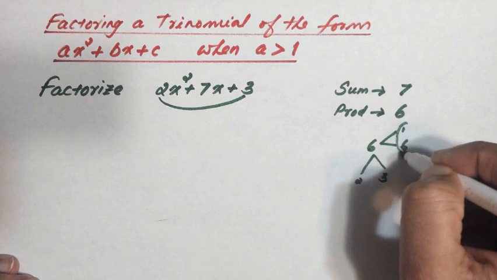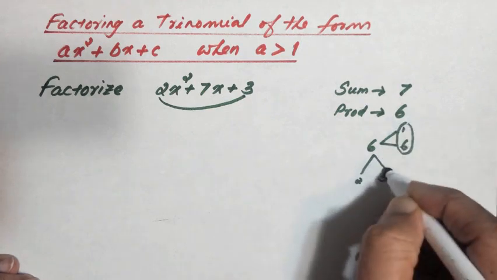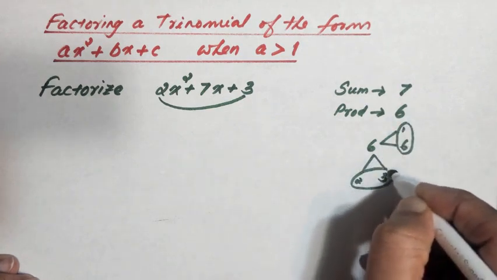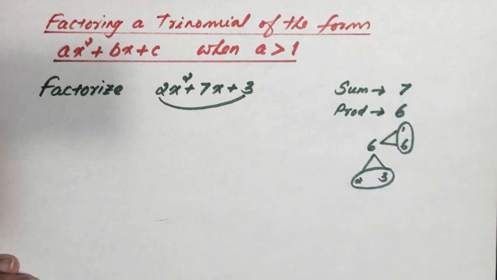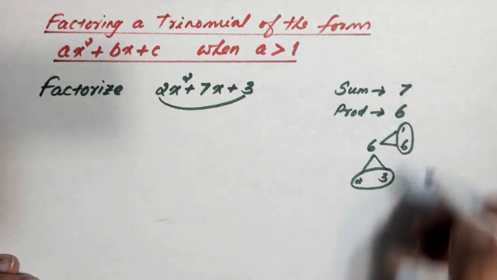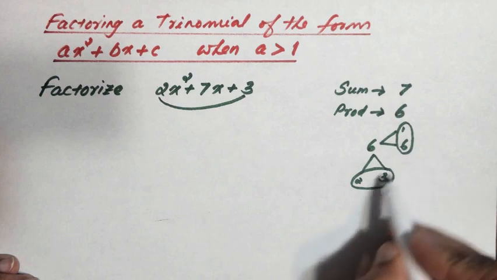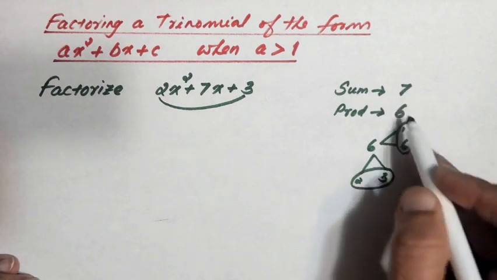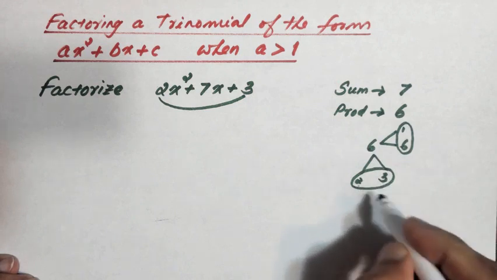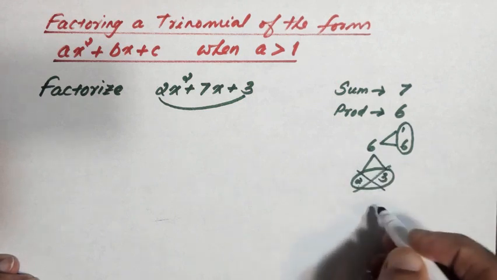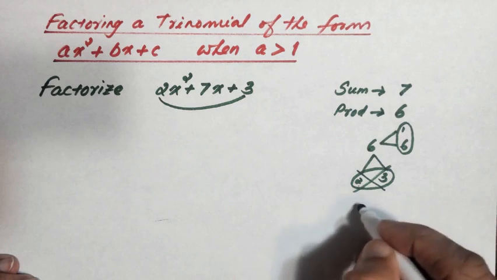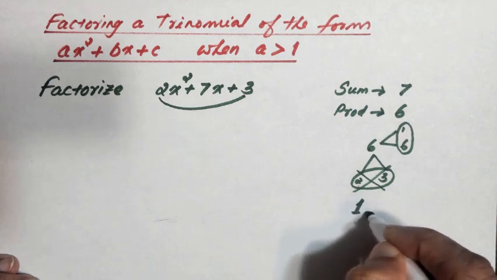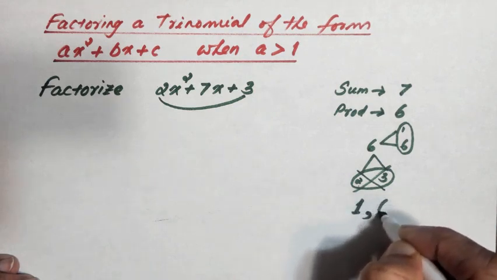We have to choose which one satisfies these two conditions. 1 plus 6 is definitely 7, and 1 times 6 is 6. The 2 and 3 will not satisfy, so you can't accept those. So the numbers are 1 and 6.